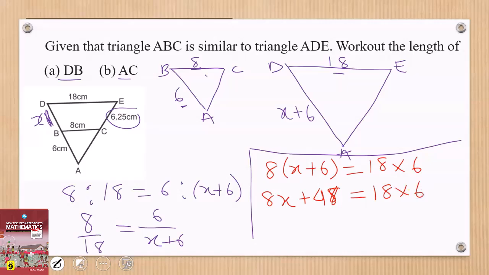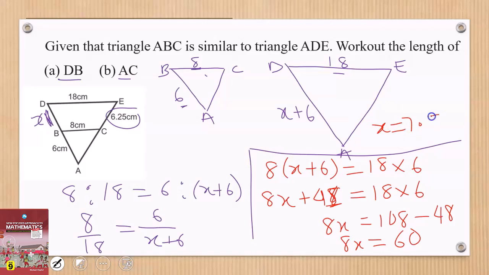Now if I make 8x the subject, then we have 108. Then we move this one to the other side to become minus 48. Now when we subtract 48 from that, we have 8x is equal to 60. So dividing both sides by 8, then we can say our answer is 7.5. So our x becomes 7.5, and that answers for the DB.